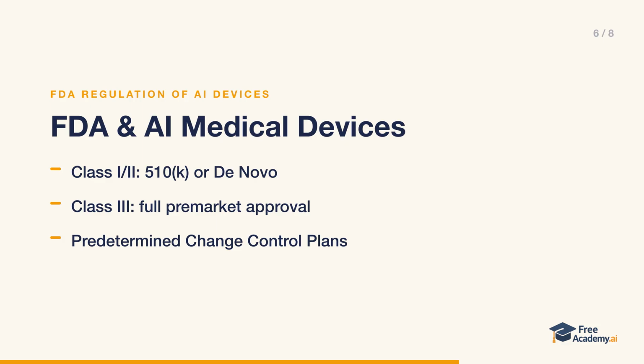A newer framework called a predetermined change control plan lets manufacturers update their models within pre-approved limits without resubmitting for clearance every time. Knowing which category a tool falls into tells you how much regulatory scrutiny it has already been through before it reached your workflow.